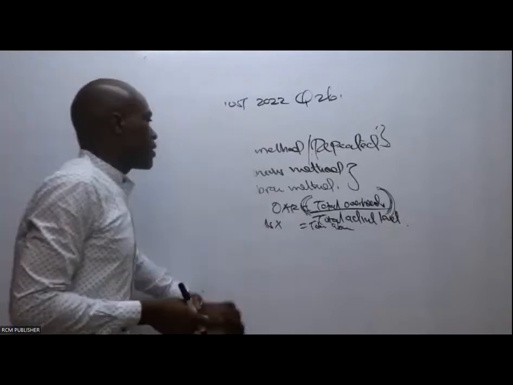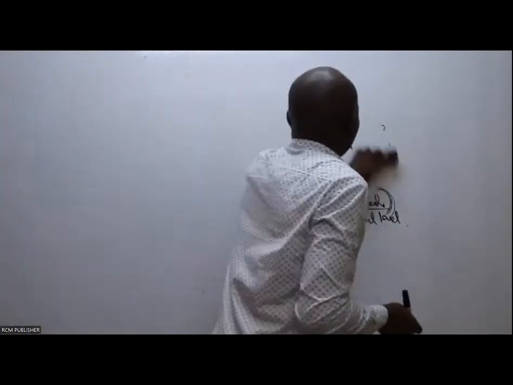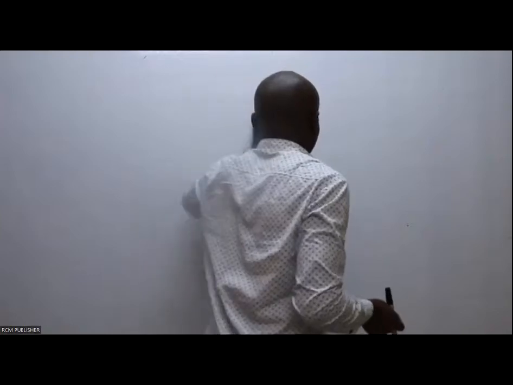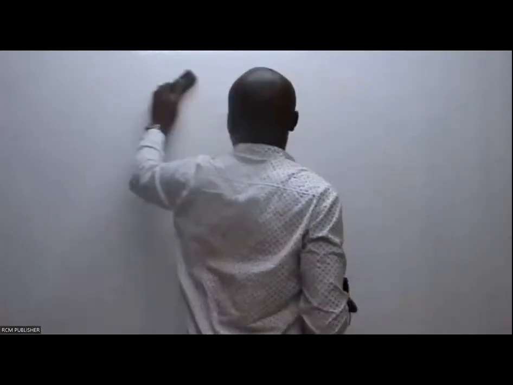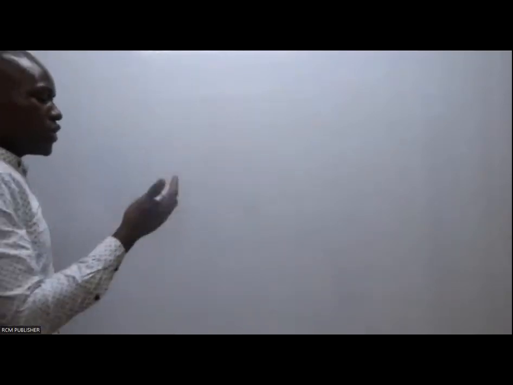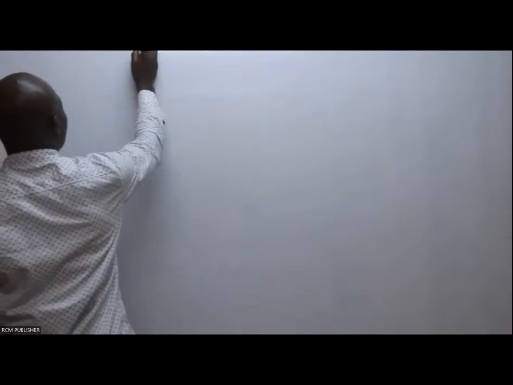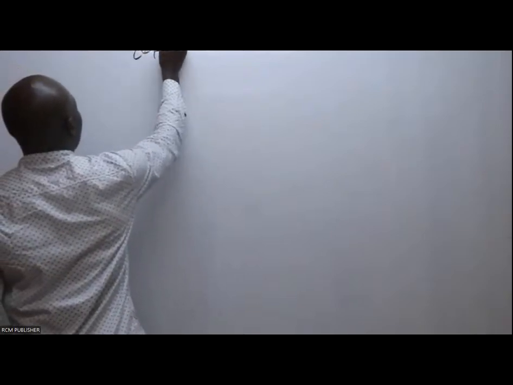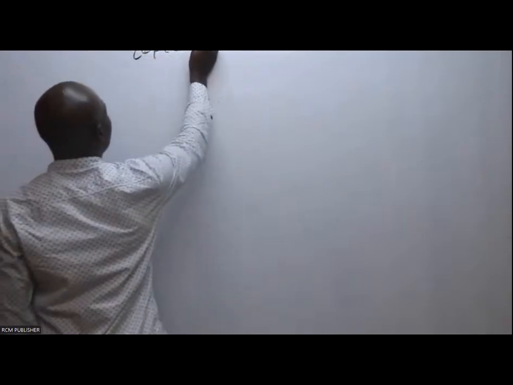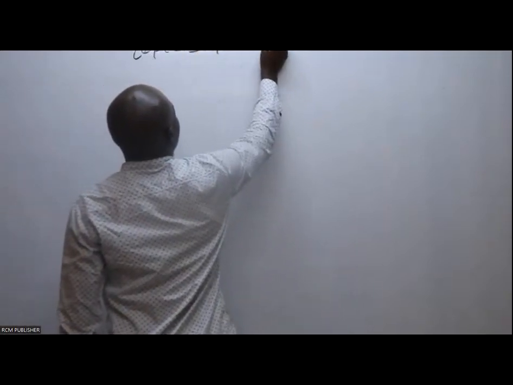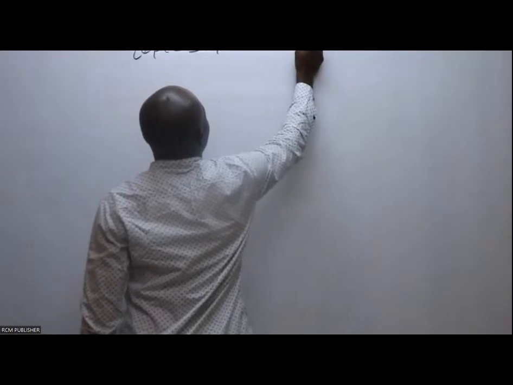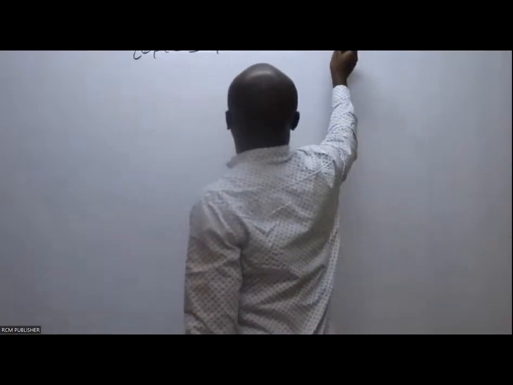Now, activity-based costing. Actually, we introduced this topic number 5 last week when we were doing something about the reapportionment of overheads.